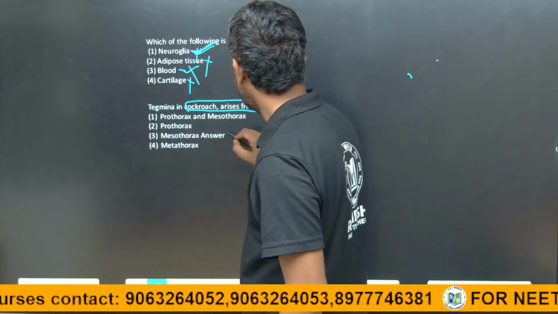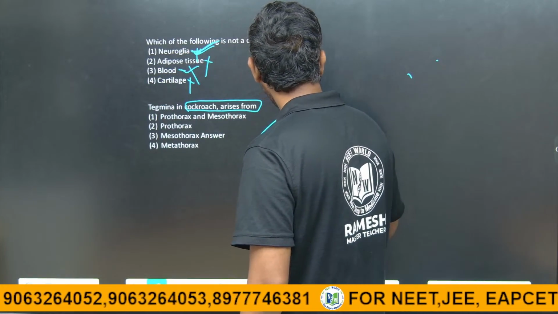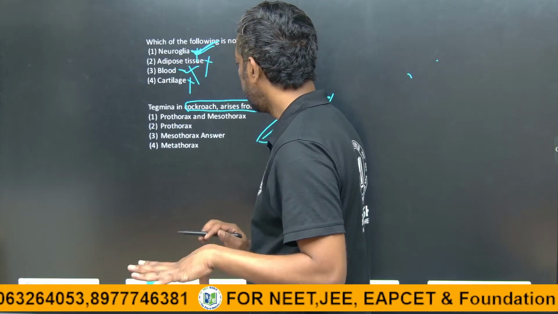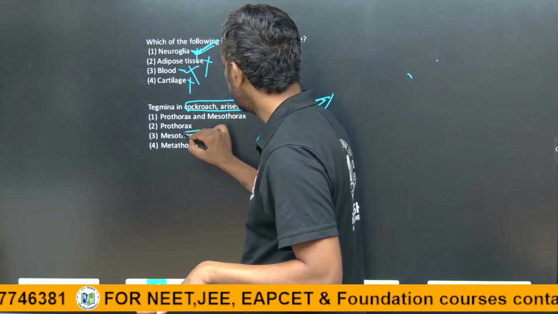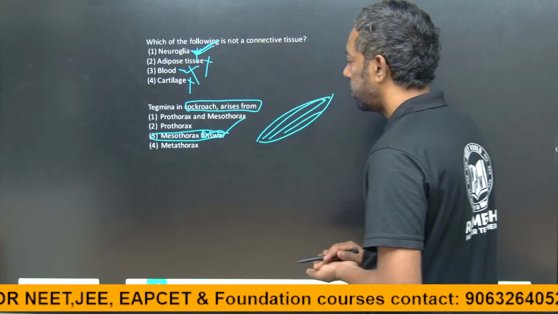Tegmina is like a flying wing, which is developed from the mesothorax. Mesothorax is the answer.